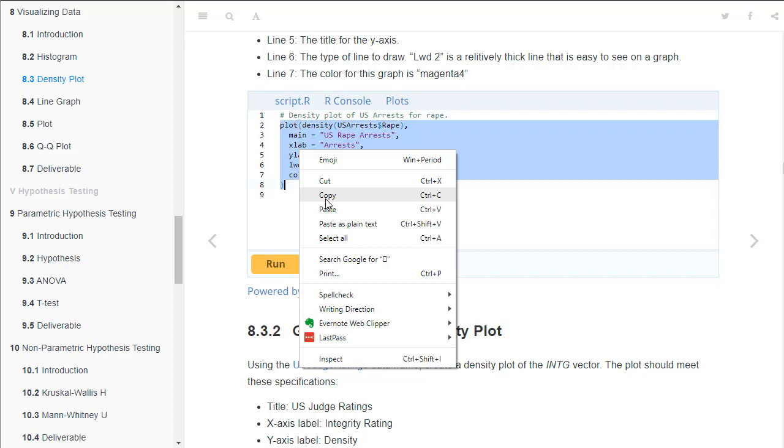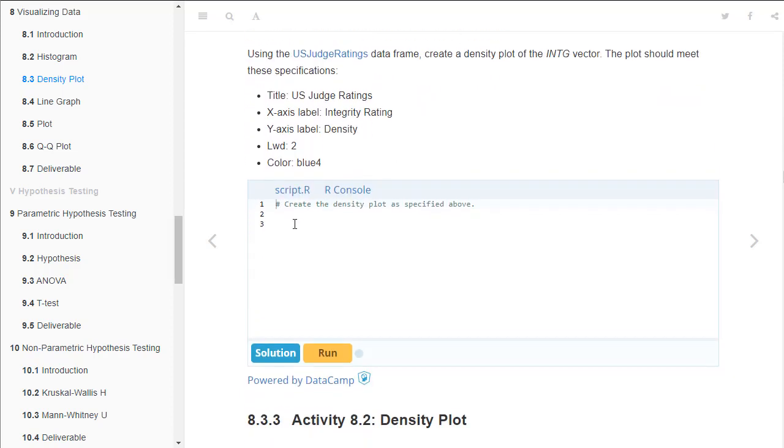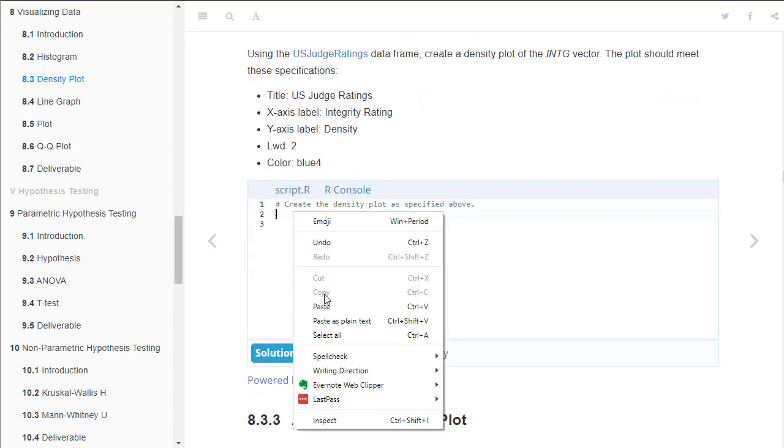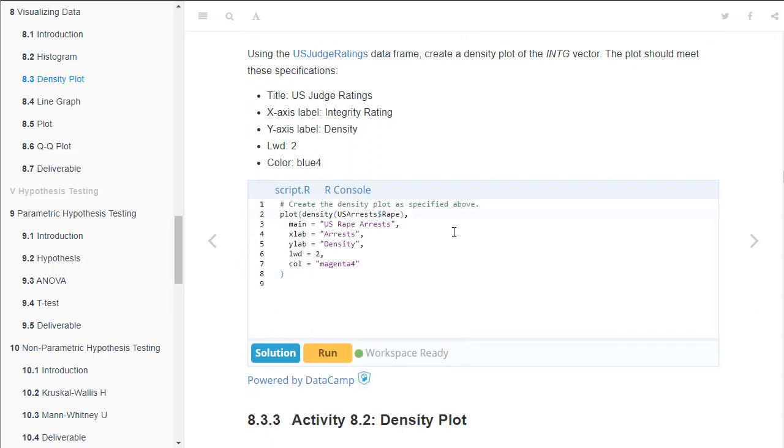I'm going to copy this and paste it in here. We're going to want the U.S. judge ratings and the integrity vector in there. We're going to name this U.S. judge ratings.